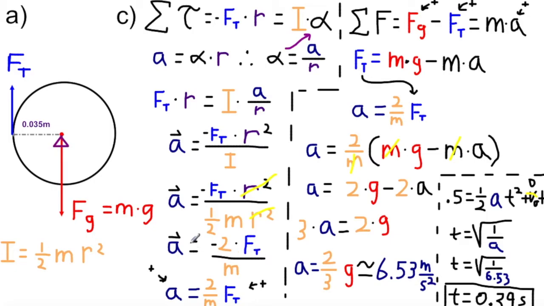Now, that would be the acceleration as a vector, where negative is downward, but I've decided to just look at the absolute value, the magnitude of acceleration. So we're going to treat acceleration as positive, and we're going to treat the force of tension as positive. And the reason I'm doing that is we have two different systems here of positive and negative.